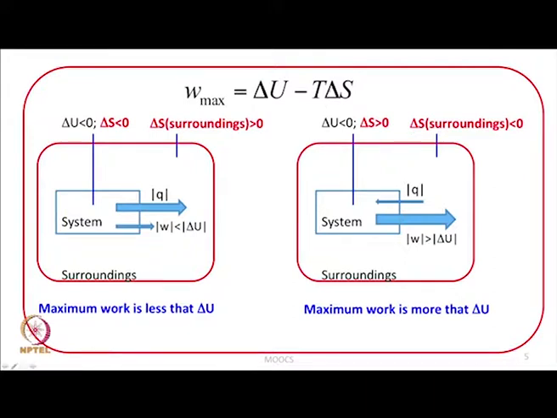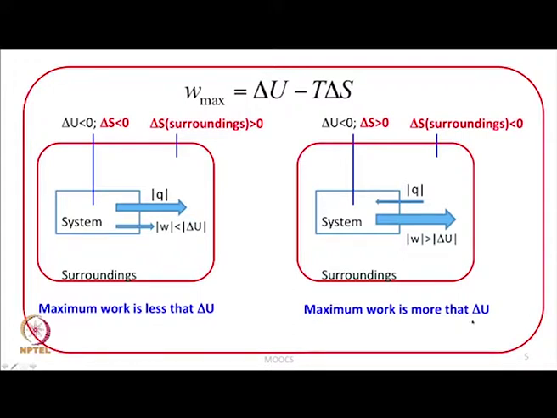That means, when delta S is positive, some of the heat can enter into the system and add up to doing work, so that the maximum work available from the system is now more than the change in internal energy.